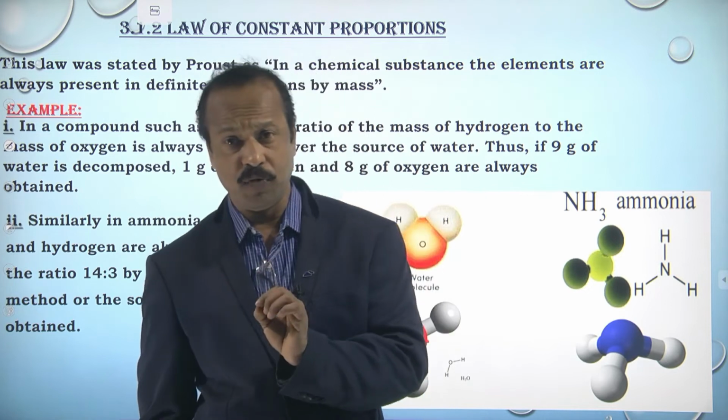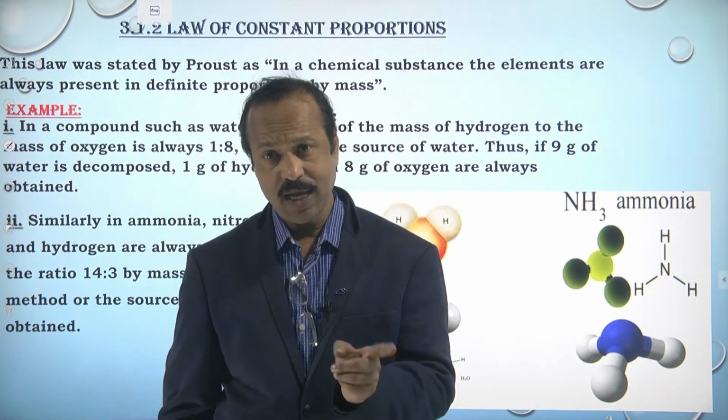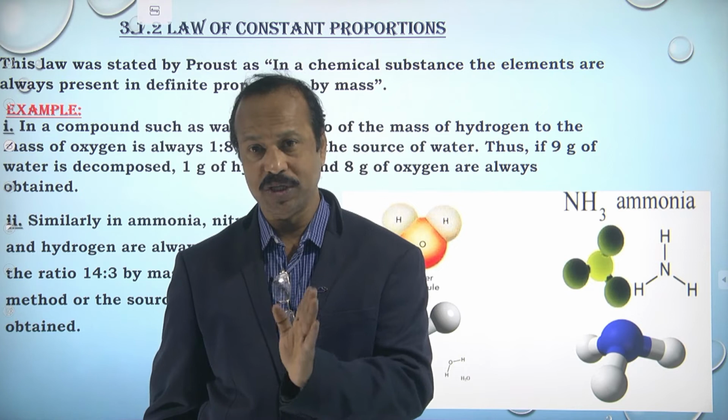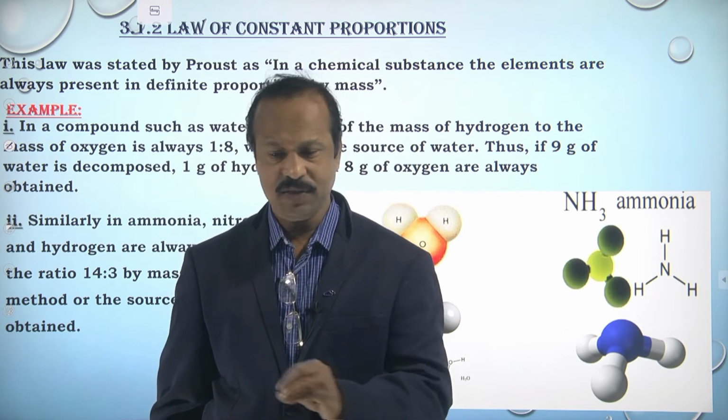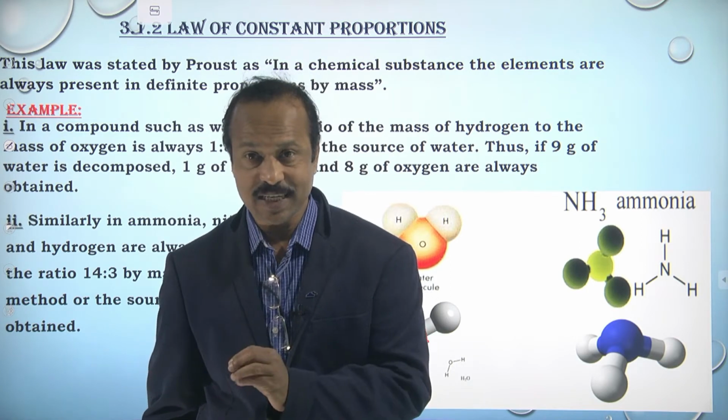The ratio of atoms in water, H2O, is fixed, meaning 2:1. And mass wise, if you see, 1:8, that is fixed. So, this is called a constant proportion.